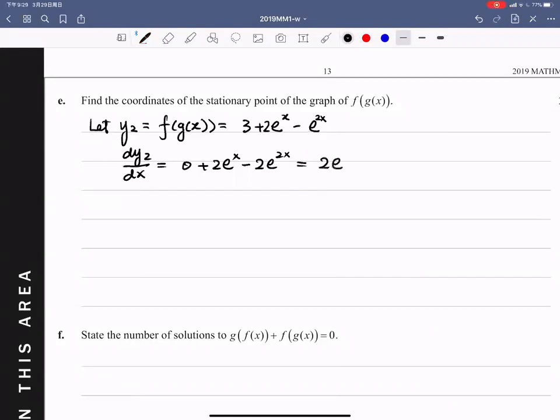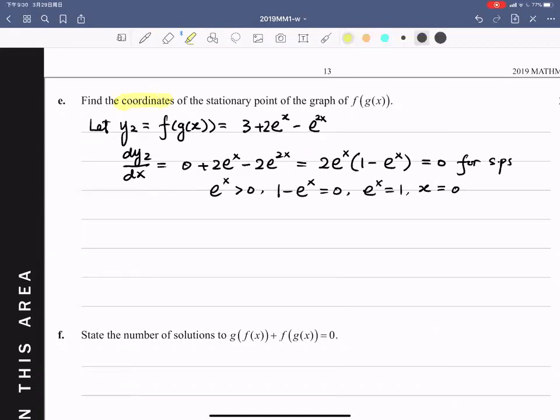Can't do things like that. Taking out 2e^x, 1 minus e^x equals 0 for stationary points. Again, e^x is greater than 0, so 1 minus e^x equals 0. e^x equals 1. x will be what? e to the power of 0 is 1, so x is 0. But I need the coordinates, guys.